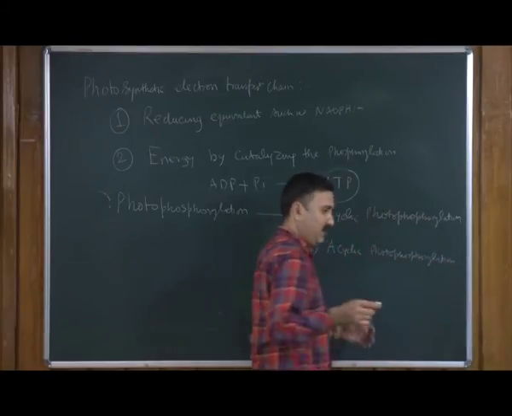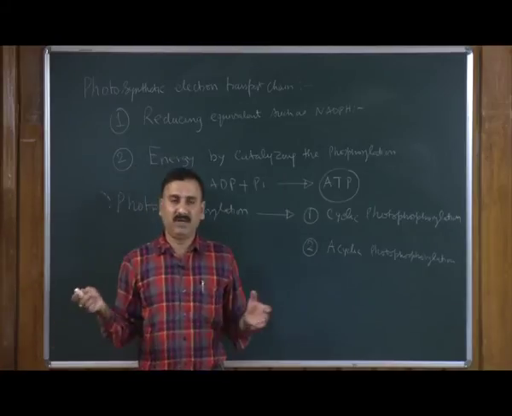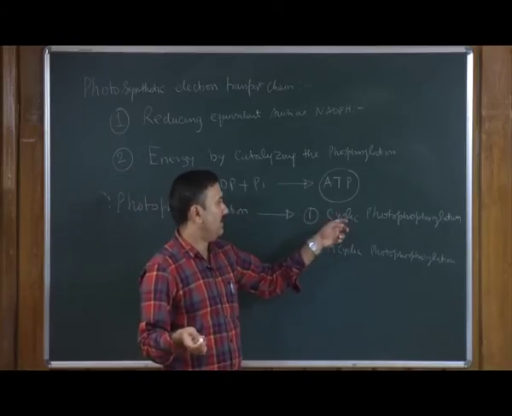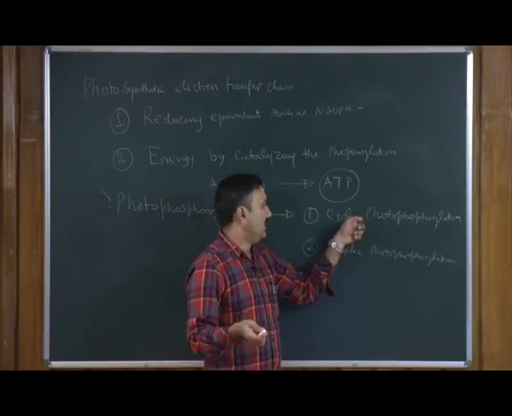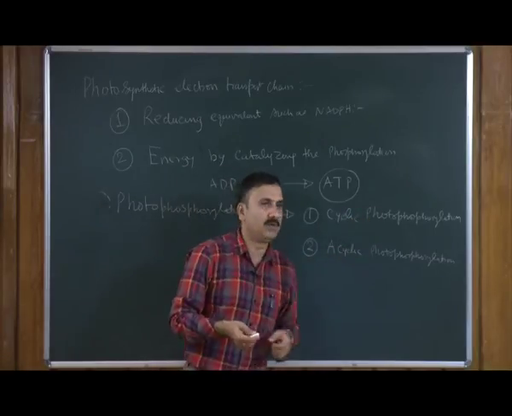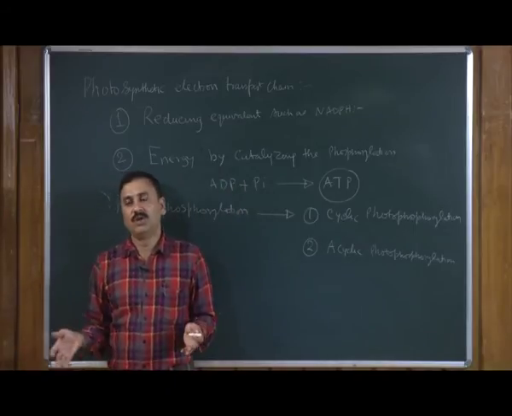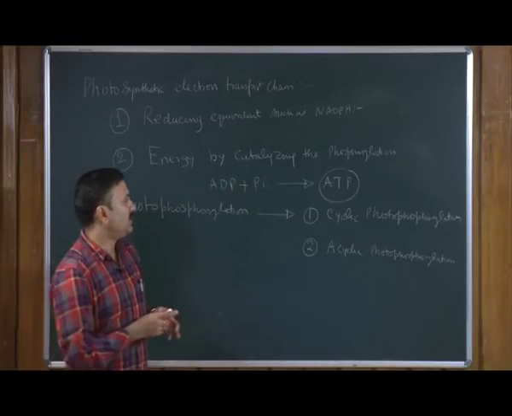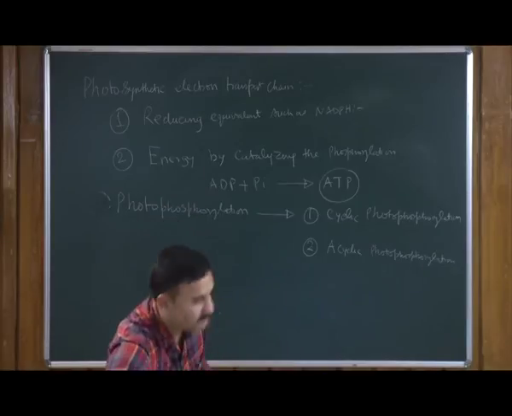There are specific conditions in which the cyclic photophosphorylation or the acyclic photophosphorylation is used to generate the ATP. So, let us discuss what these conditions are.